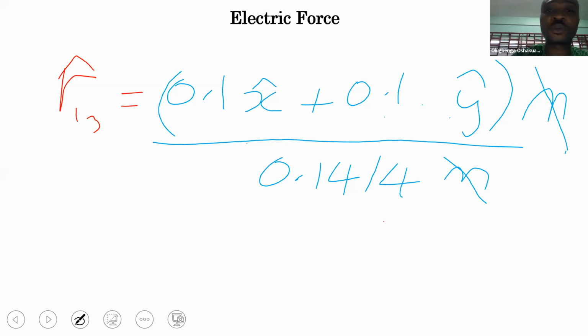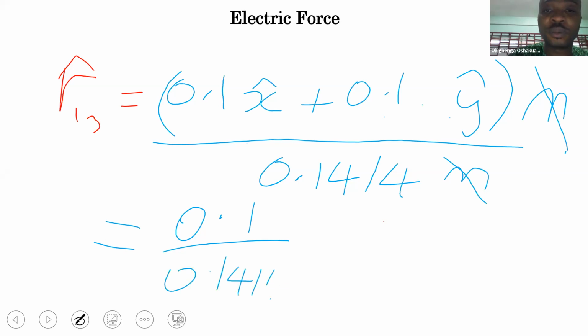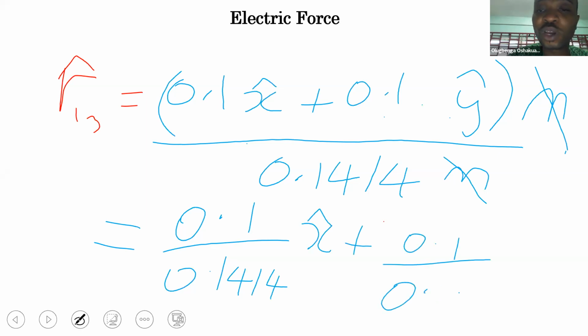Okay, so when you divide 0.1 by 0.1414 and add it to the other 0.1 by 0.1414, what I'm trying to say in mathematics is 0.1 divided by 0.1414 x caret plus 0.1 divided by 0.1414 y caret. If you do this at home, at leisure time, and find the magnitude, you should have a value of 1.